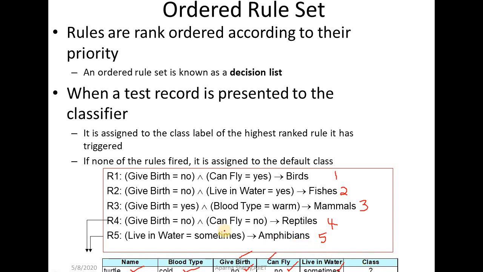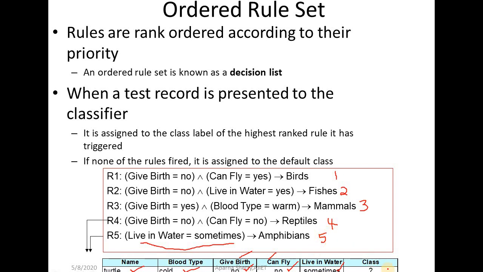But again, the rule R5 is also triggered for this record: lives in water sometimes. This attribute value pair is also matching, hence we can also classify turtle as amphibians. So for this record, two rules are triggered, R4 and R5.